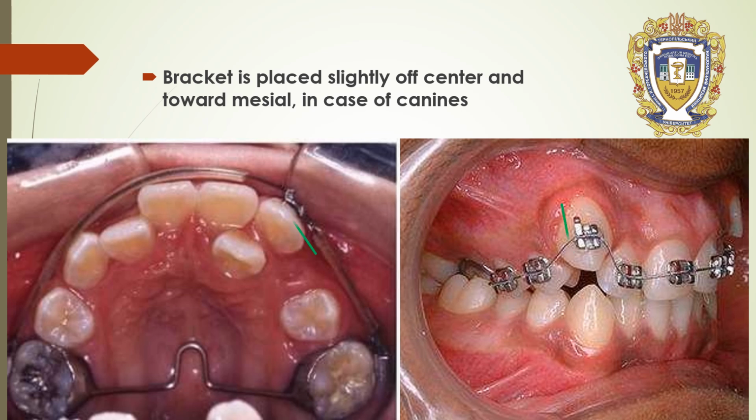The bracket is placed slightly off center and toward the mesial in case of canines, as you can see in this picture. The bracket is placed more mesially from the center of the tooth and more orally.